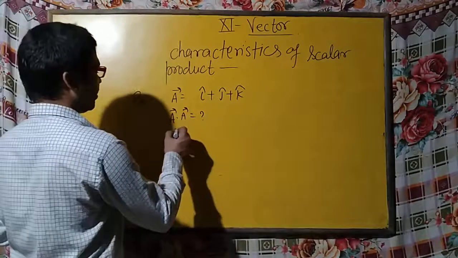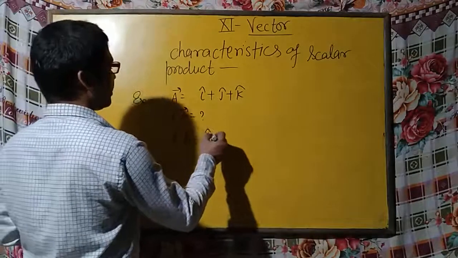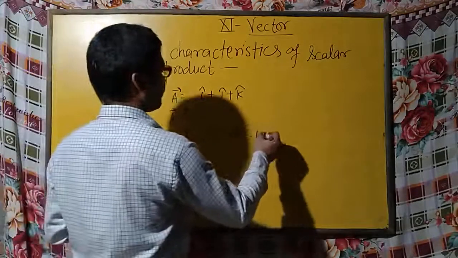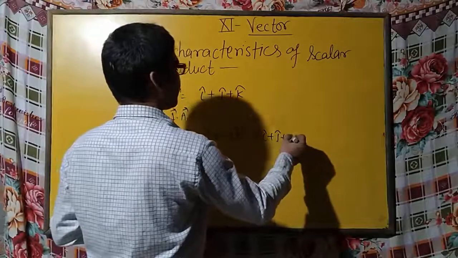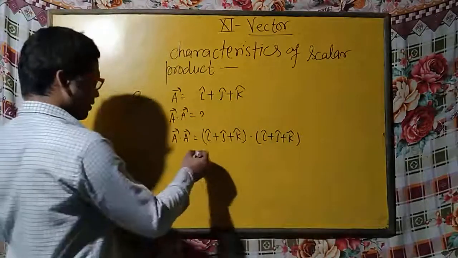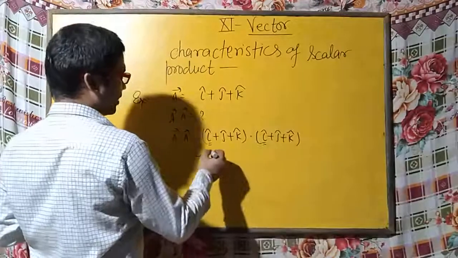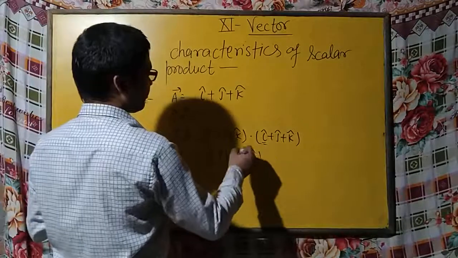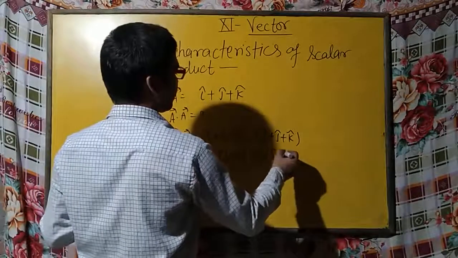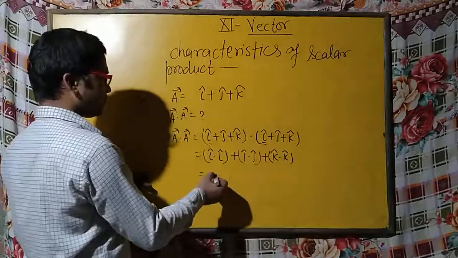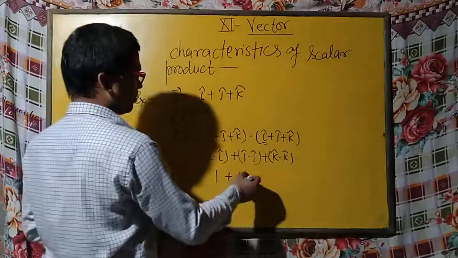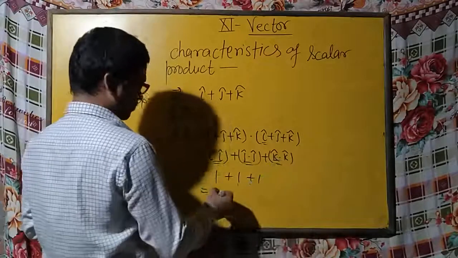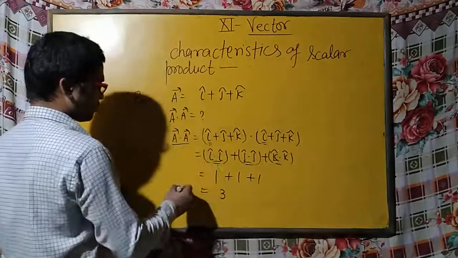So let's see, a dot a is equal to i plus j plus k dot i plus j plus k. Now you multiply: i dot i plus j dot j plus k dot k. So finally this will be 1 plus 1 plus 1. So this gives 1, this gives 1, this gives 1. This is 3. Here you can write a square.